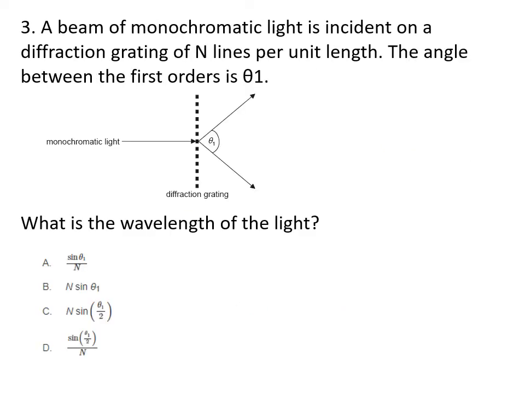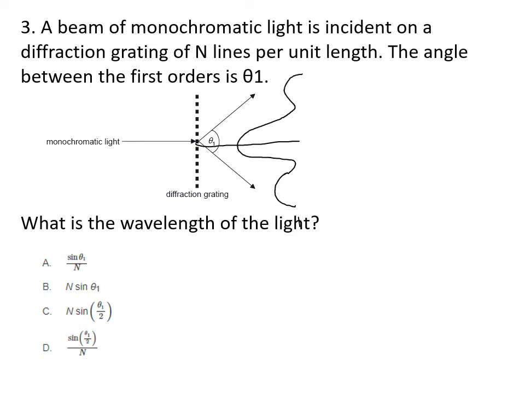Question number 3: a beam of monochromatic light is incident on a diffraction grating of n lines per unit length. The angle between the first orders is theta sub 1. What is the wavelength of the light? This question is a lot like question number 2. This angle is between the first orders, so this would be the subsequent maximum here, the central maximum here, and then the subsequent maximum here.